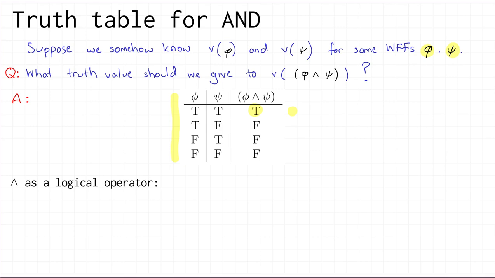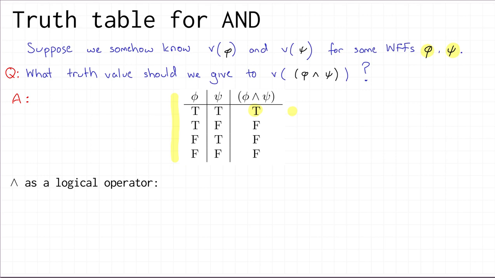And the other rows tell you that in all the other cases, so when psi and phi are both false, for example, that's the bottom row, then we'll regard phi and psi to be false. Or if you look at the second row, that says when phi is true and psi is false, we'll regard phi and psi to be false. So this is how we will define the meaning of the connective and.